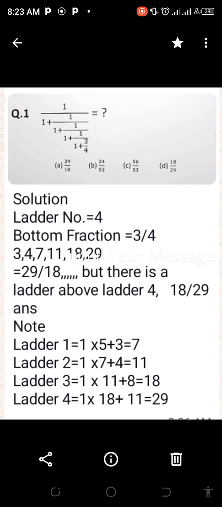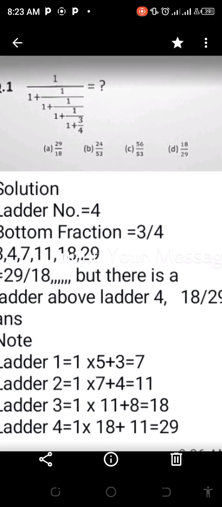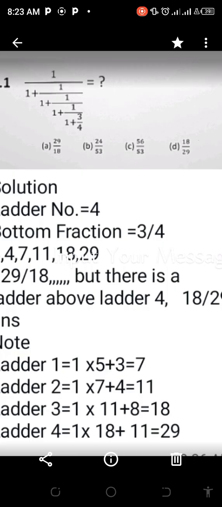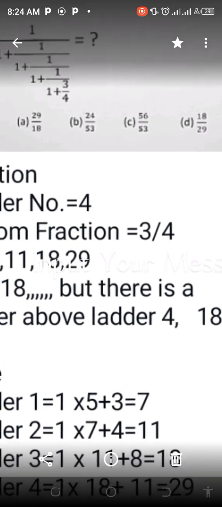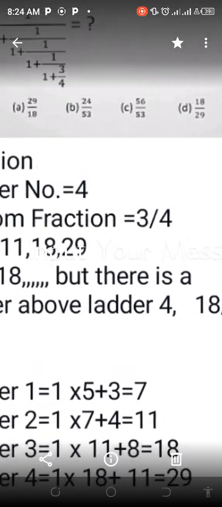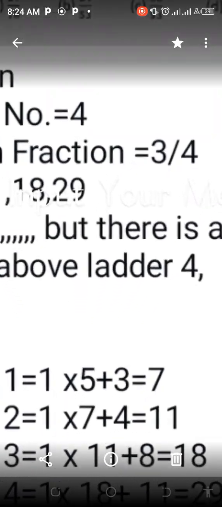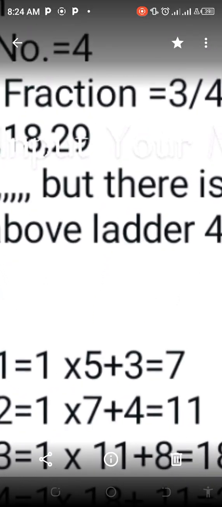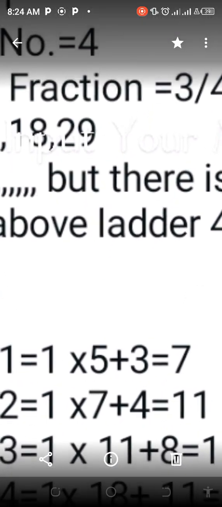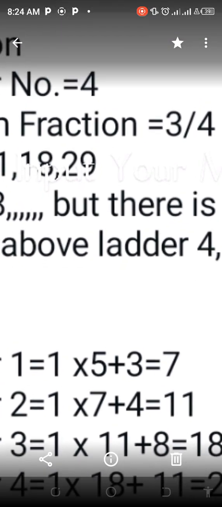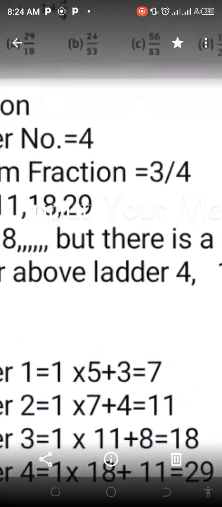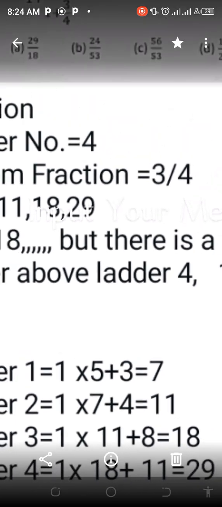This is 1 times 4, not 1 times 5. 1 times 4 plus 3. 1 times 4 is 4 plus 3 is 7. This 5 here should be changed to 4, so that it reads 1 times 4, which is 4, plus 3, which is 7.